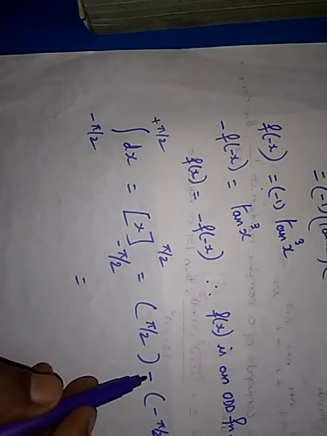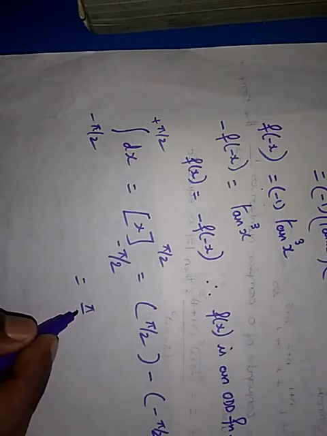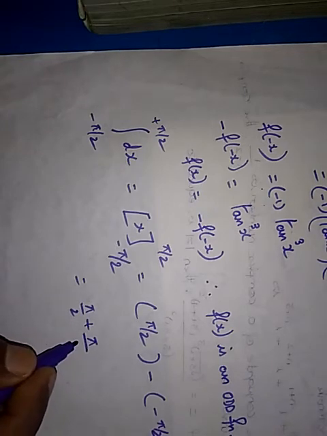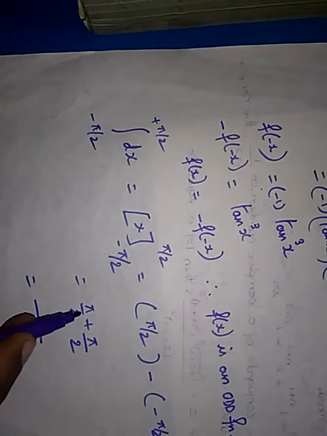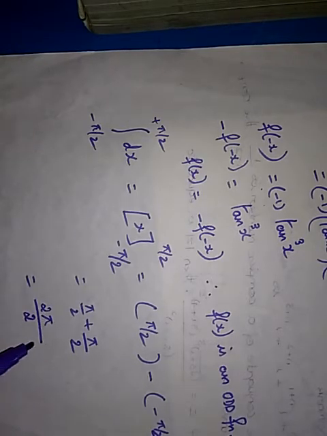This will give you minus into minus plus, so pi by 2 plus pi by 2. LCM is 2, so 2 pi by 2. So the answer is pi for this integral.